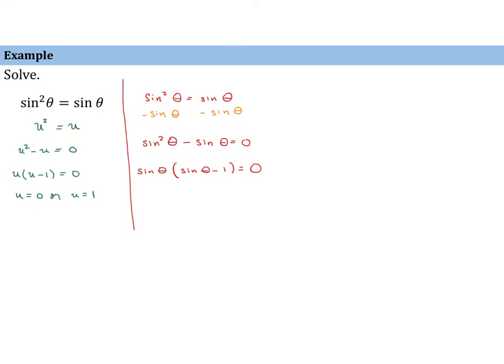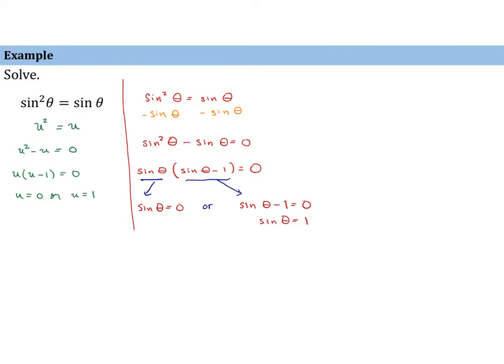Now, either one of those factors could equal 0. So this means that sine of theta would equal 0, or sine of theta minus 1 equals 0, which would mean sine of theta equals 1.